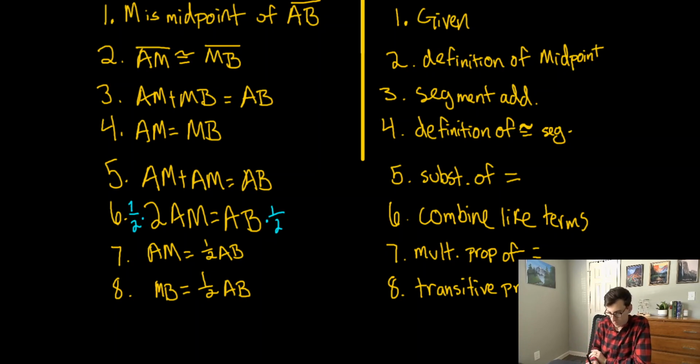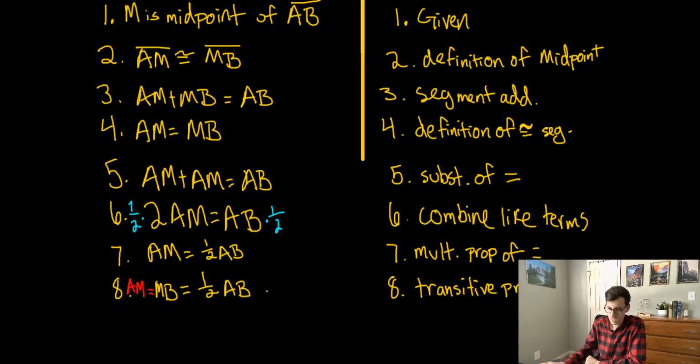This is not really in the proof, but if I can say AM equals MB equals 1/2 AB, if I can have a continuation like that, then it's transitive. Okay, so that's the proof.